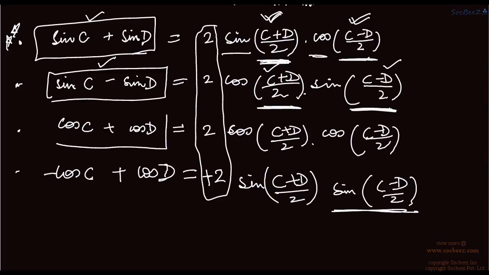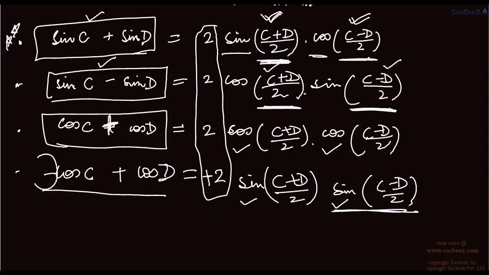Cos C plus cos D. In the case of cos, you write either both the cos or both the sines. If you are adding, you use both the cos. If you are subtracting, then you use both the sines. Now C plus D and C minus D is simple.